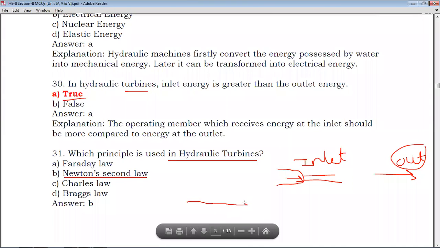The force exerted by the jet of water on the turbine will help the turbine rotate, and that is the principle on which the hydraulic turbine works according to Newton's second law.